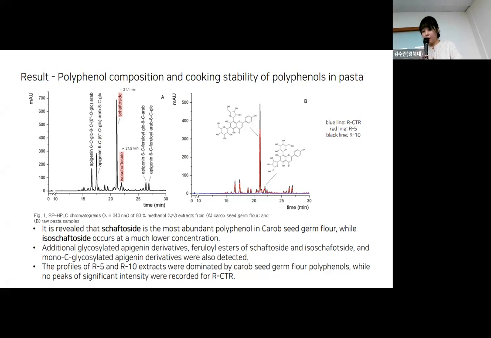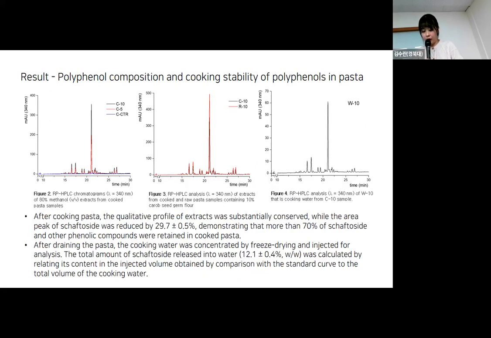So they examined the persistence of carob flour polyphenols in cooked pasta, whose names are C5 and C10, after draining, in comparison to their non-cooked pasta samples named R5 and R10, using HPLC. So this figure 2 displays the HPLC analysis of extracts from CCTR, C5, and C10.